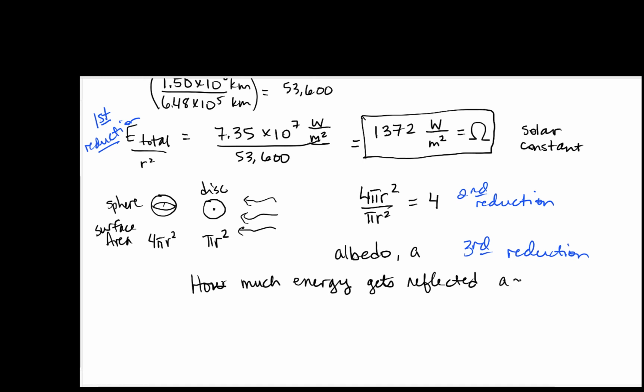And for Earth, our average albedo is about 30%. And the sunlight is getting reflected off of clouds. It could get reflected off of dust. It could get reflected off of snow. So anything that is bright and is going to reflect a lot of the sunlight contributes to the albedo.